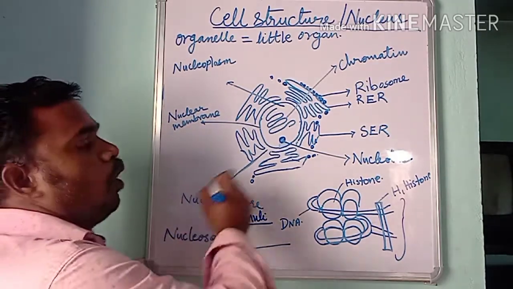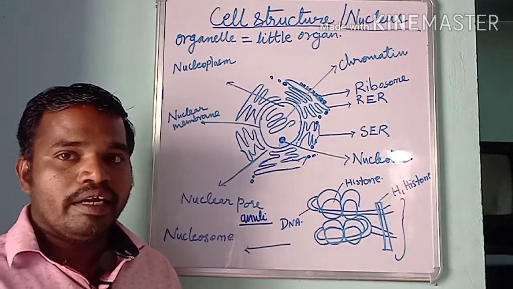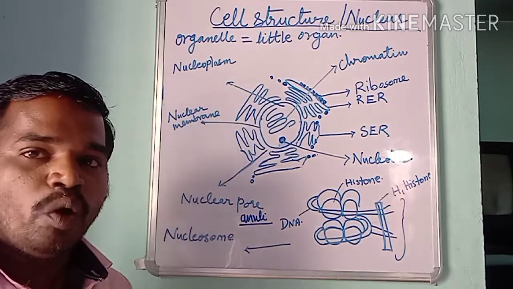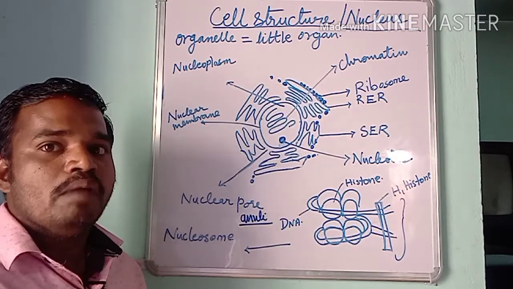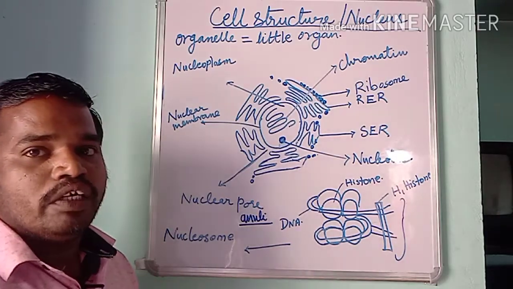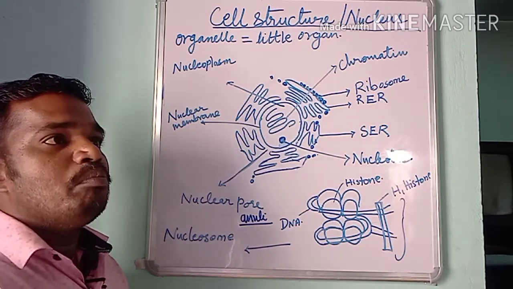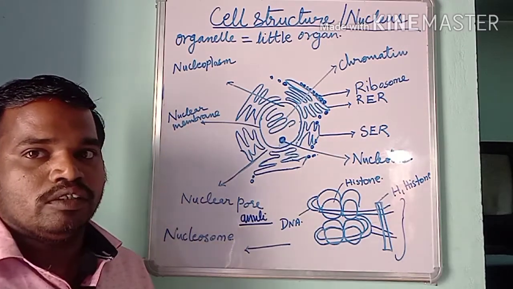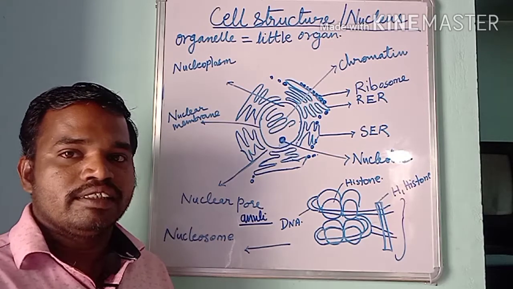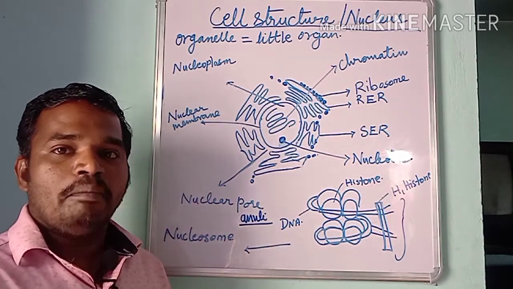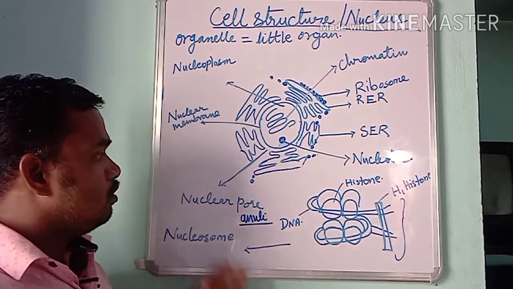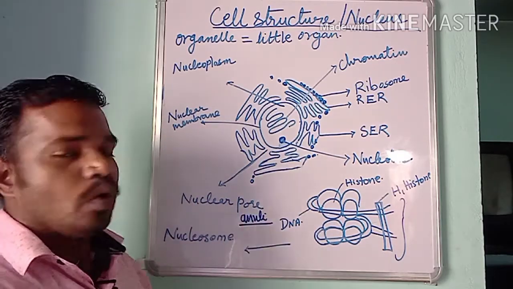So through this pore, mRNA, proteins, lipids, and macromolecular substances are able to enter the nucleus and come outside of the nucleus. So entry and exit of these macromolecules, proteins, enzymes, and mRNA are done through the nuclear pore.